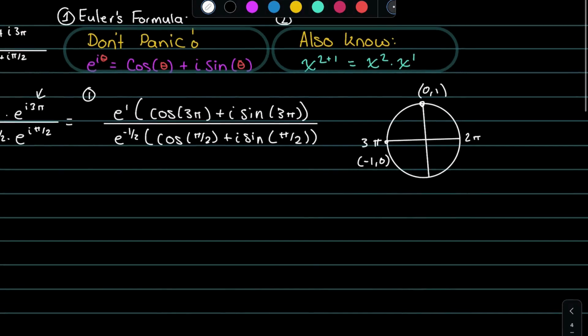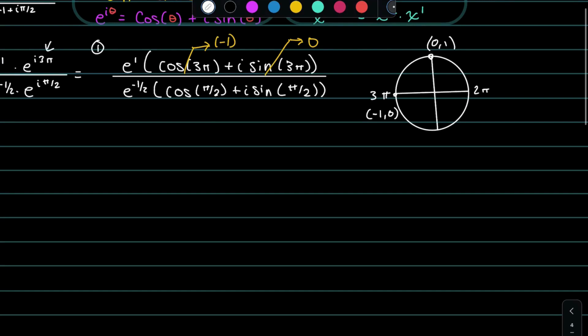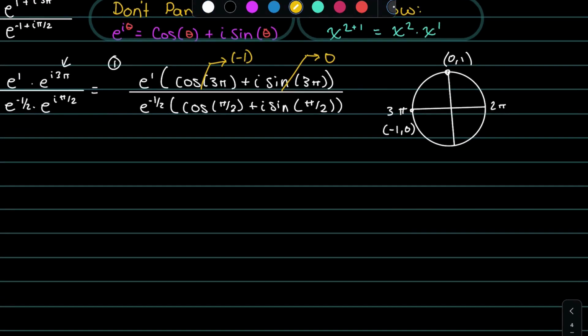All right. So in this top part, cosine of 3 pi is negative 1, and then we have sine of 3 pi, which just goes to 0. Easy, right? So you just evaluate each of those at individual points. So cosine of pi over 2, 0. Sine of pi over 2, 1.